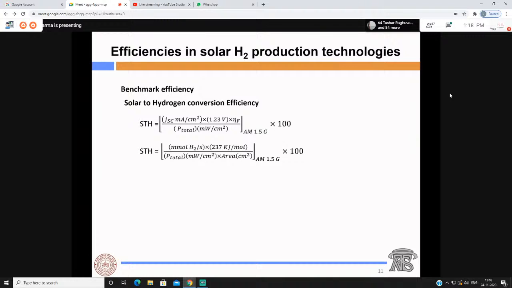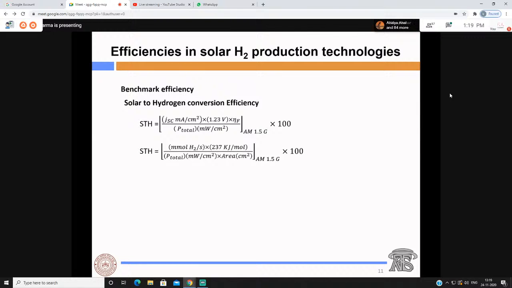Okay, now what I talked about, the efficiency. In the efficiency, I discussed the solar to hydrogen conversion efficiency. So this is the formula for a whole device. If we have a whole device which is converting water molecules to hydrogen and oxygen together, we should find out what the stage efficiency is.